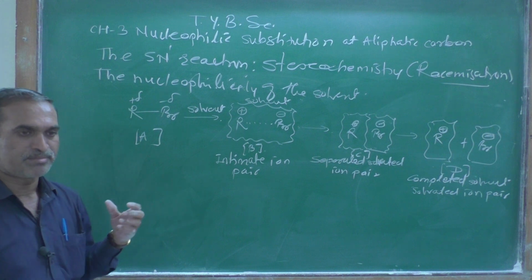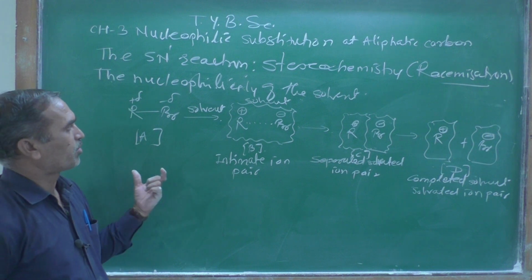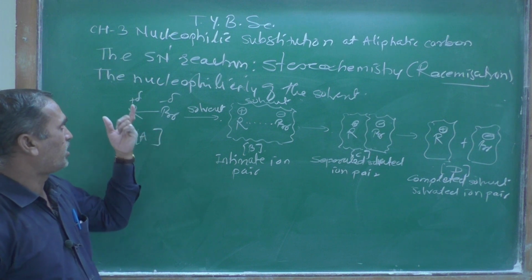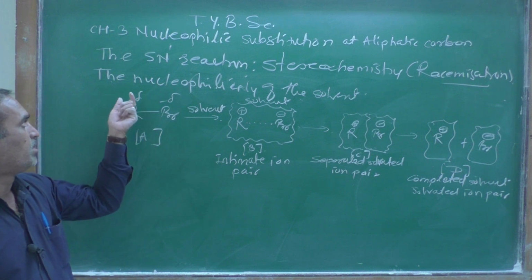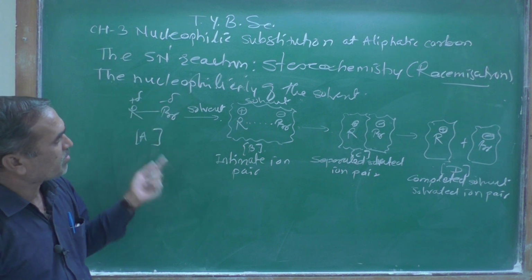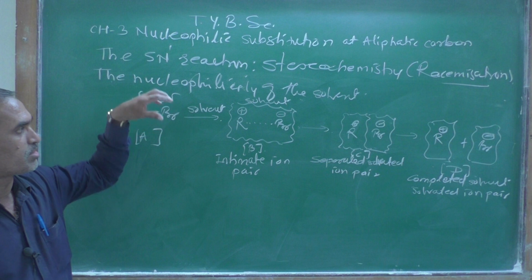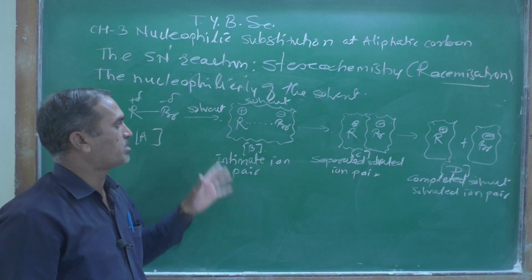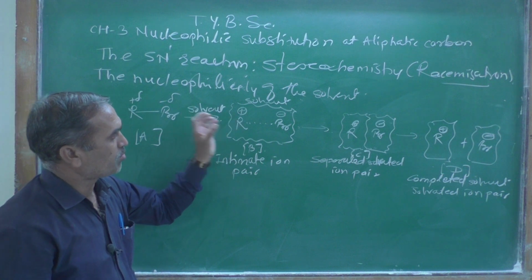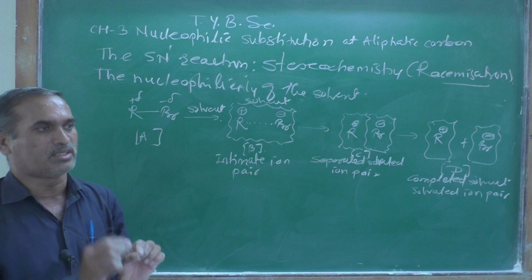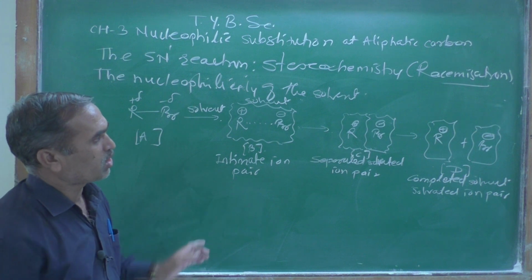Let us observe carefully. R-Br, as we know, is a polar molecule, so R gets delta plus charge and the bromine atom gets delta minus charge. When the solvent is added, the solvent gets surrounded around this, and therefore the bond between carbon and the halide is weakened. That is shown by the dotted line.